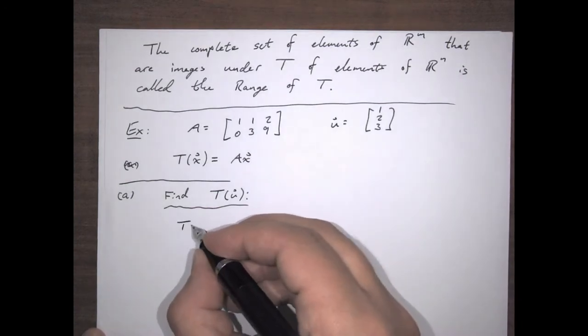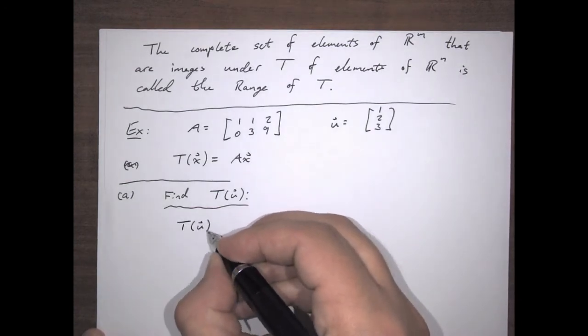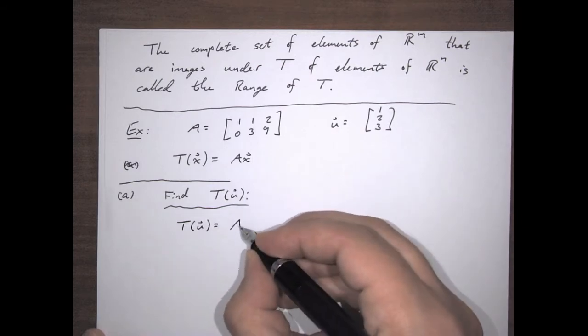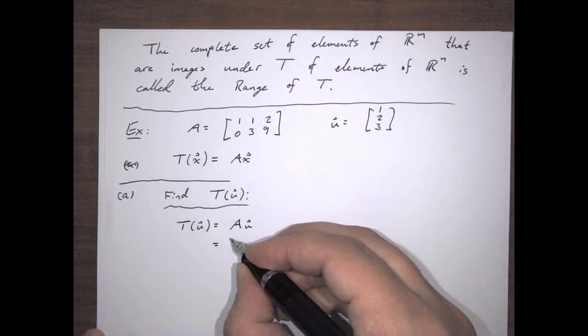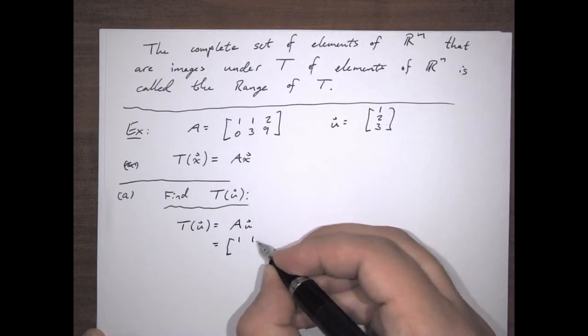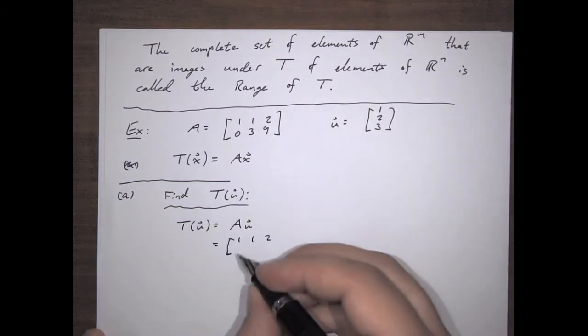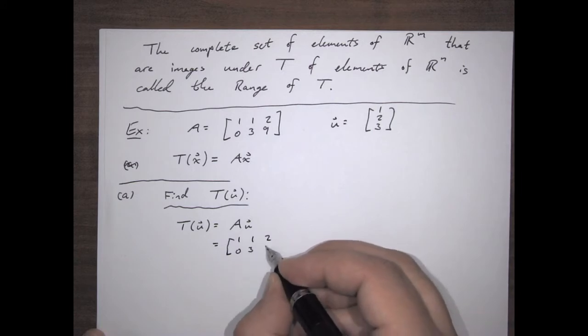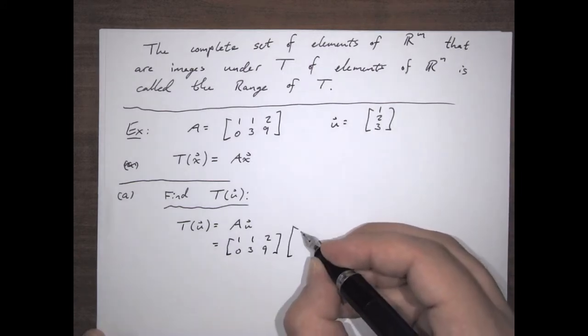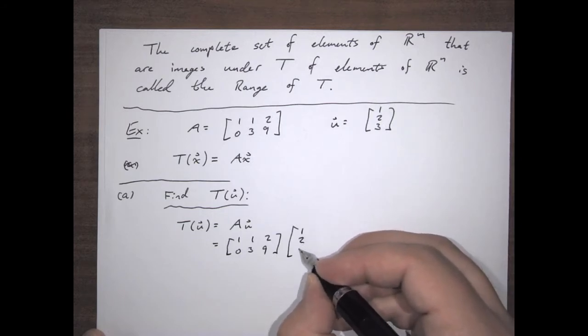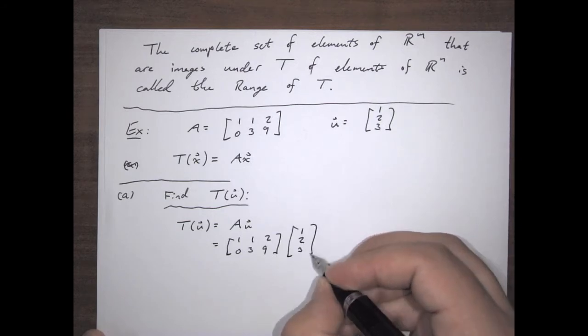So T of u, like T of anything else, is the same as A times u, which is the same as just taking the matrix 1, 1, 2, 0, 3, 9, and multiplying that by the vector 1, 2, 3, which is the u.